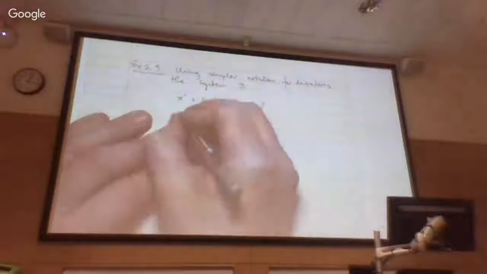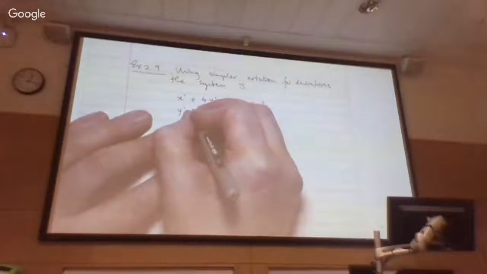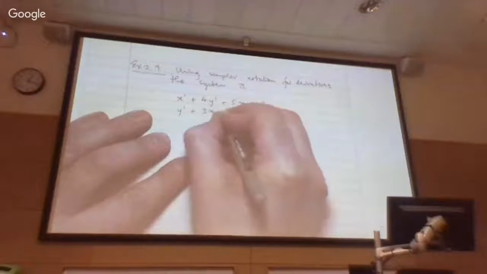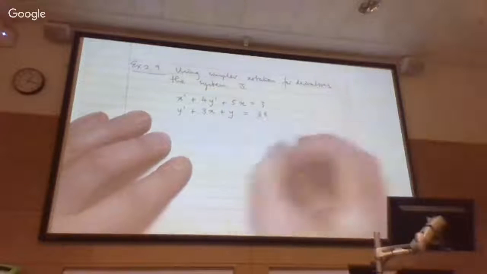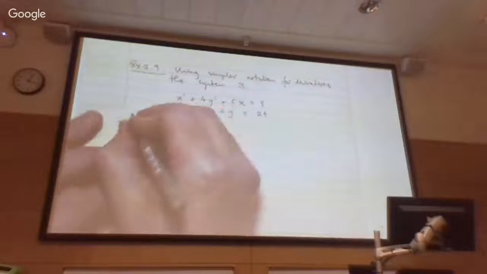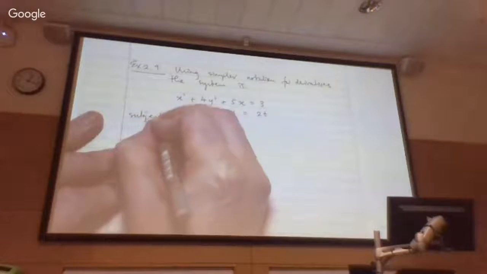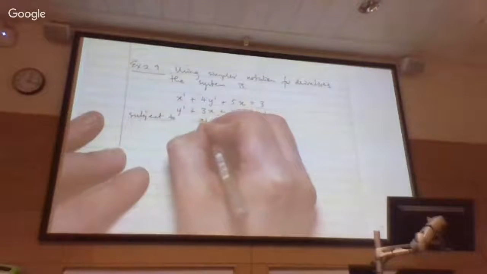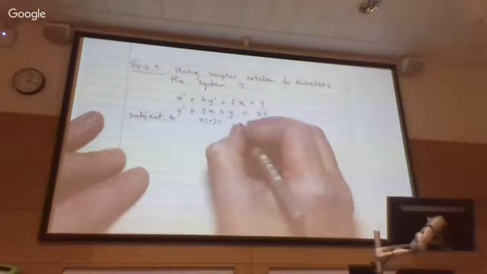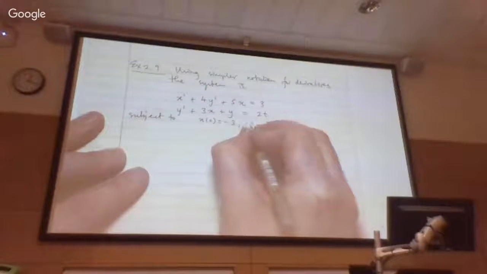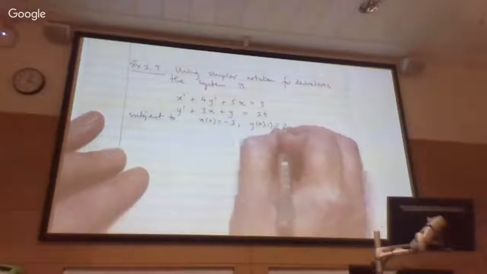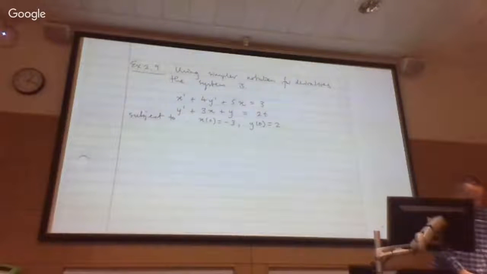And the second equation is y prime plus 3x plus y equals 2t. This is subject to the initial conditions that x of 0 is minus 3, and y of 0 is 2. Okay, those are the initial conditions.